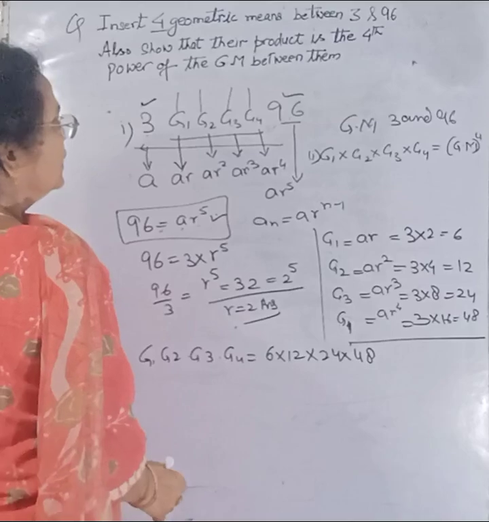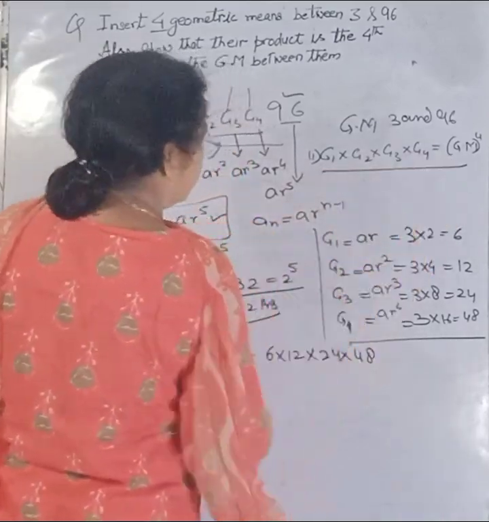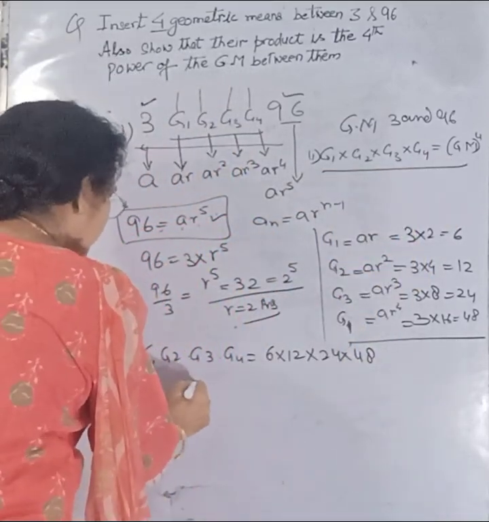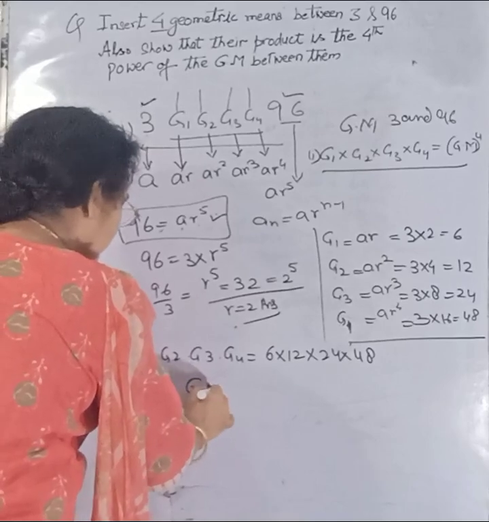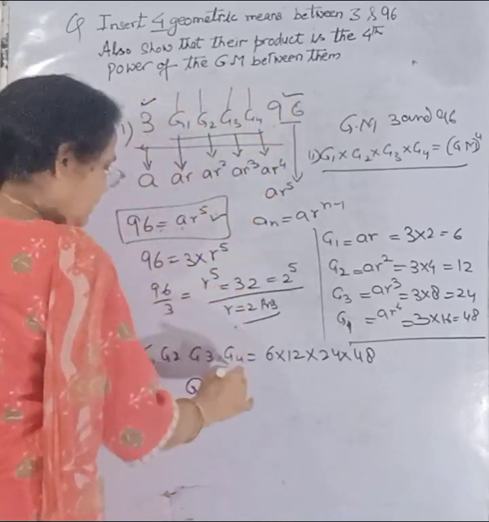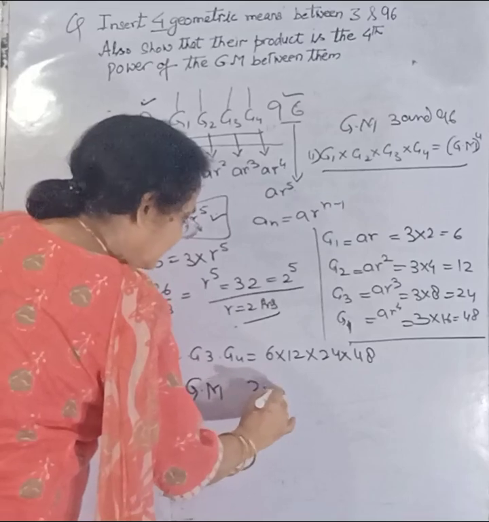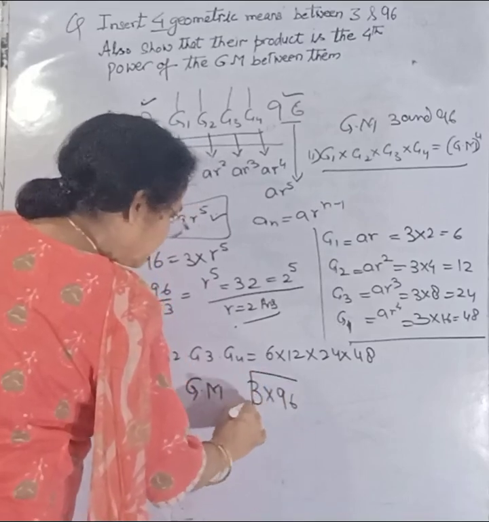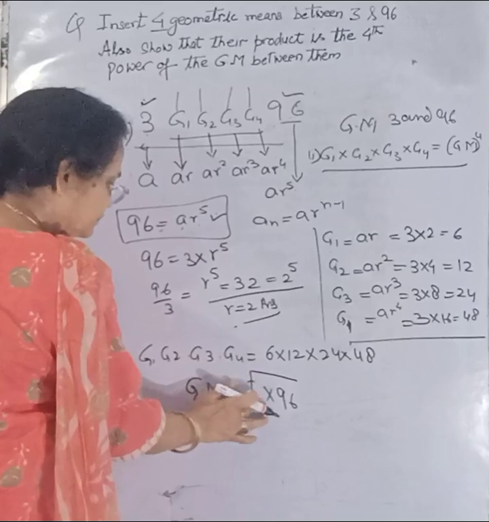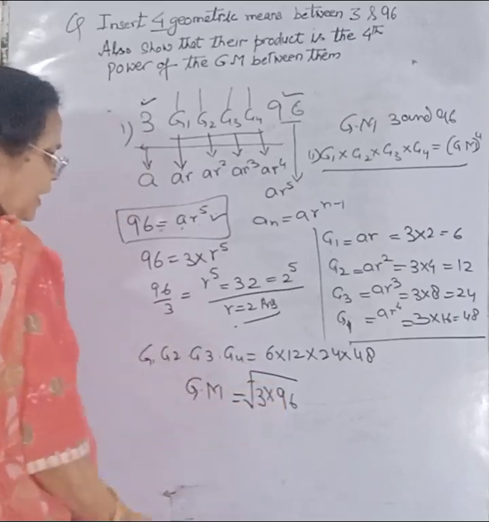Correct? Now what is GM? GM is equal to geometrical mean. This between 3 and 96 will be equal to root of 3 into 96, as per the definition. Okay?